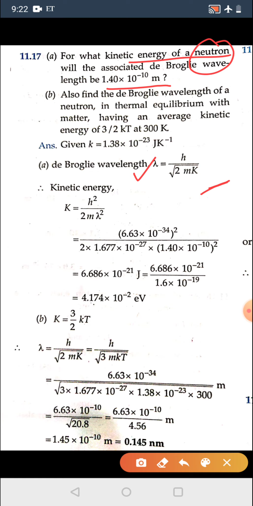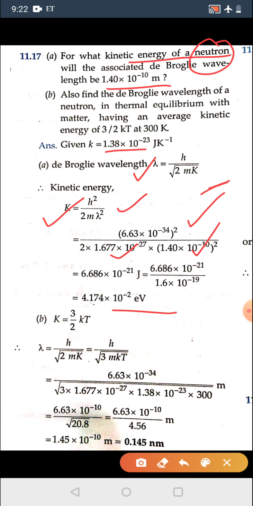Because K is the kinetic energy. If you substitute and make K the subject, because we are asked to find kinetic energy, then kinetic energy K is equal to h square by 2m lambda square, and by substituting h square, mass and lambda, you can get the kinetic energy.